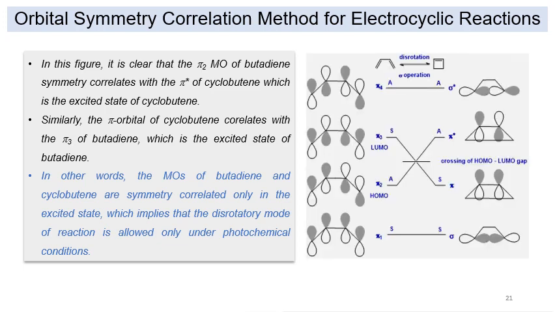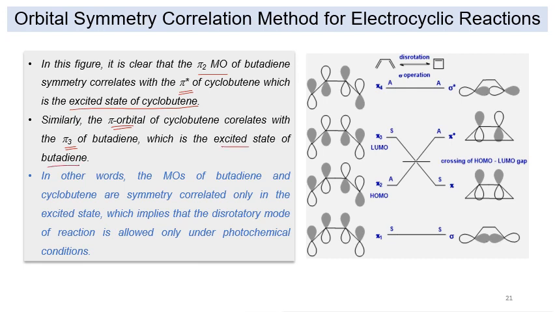Now let's see the disrotation. In the case of disrotation, it is clear that the pi 2 molecular orbital of butadiene is now correlating to the pi star of cyclobutene, which is now the excited state of cyclobutene. Similarly, the pi orbital of cyclobutene is correlating with pi 3 of butadiene, which is now the excited state for butadiene.